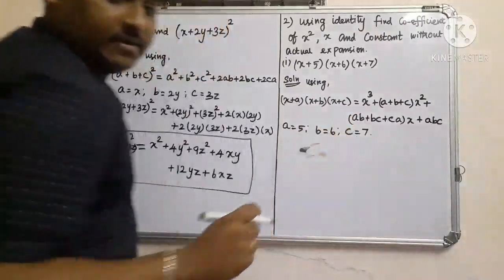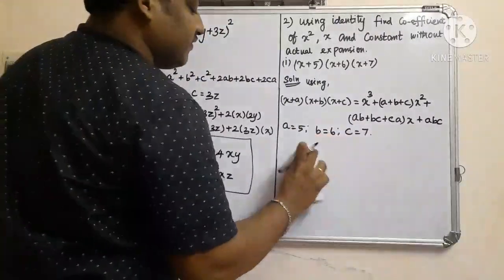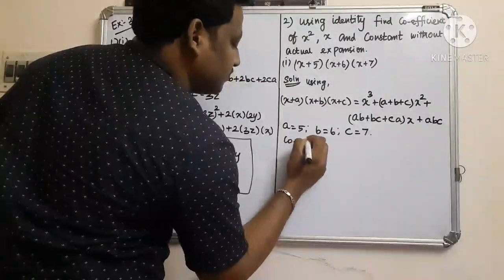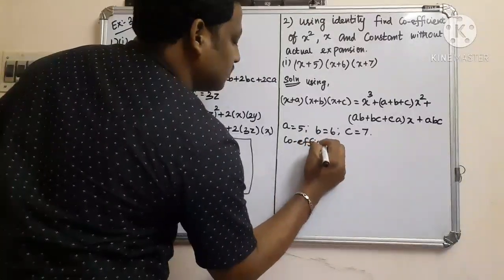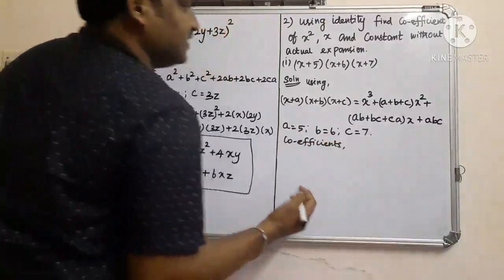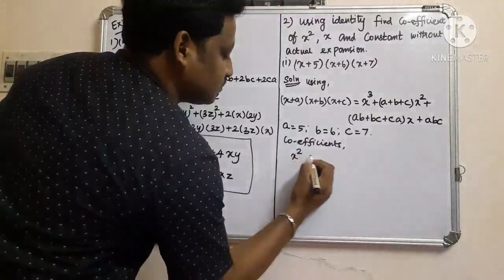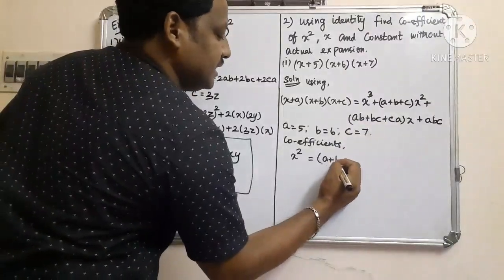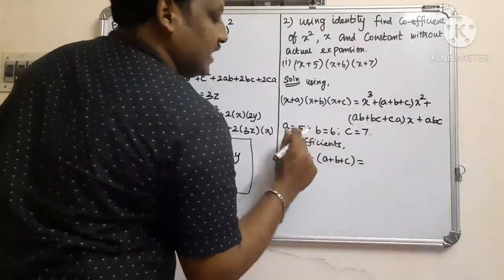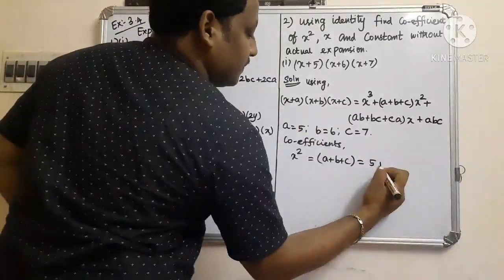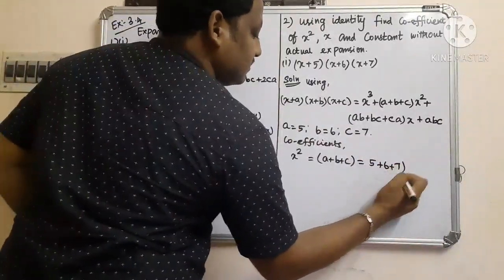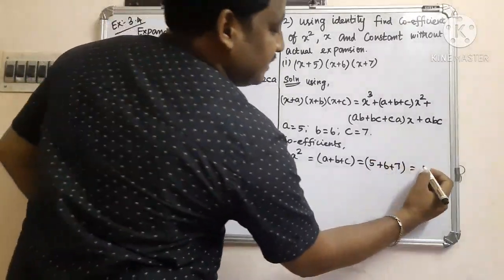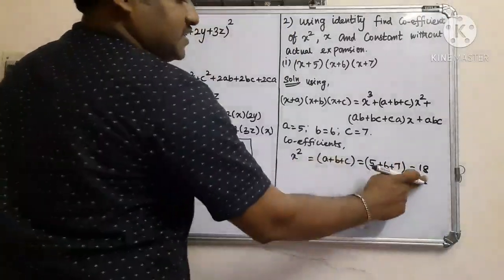Here we have to find only the coefficient values. So x square coefficient is a plus b plus c, which means we add 5 plus 6 plus 7. 5 plus 6 is 11, 11 plus 7 is 18. So x square coefficient is 18.